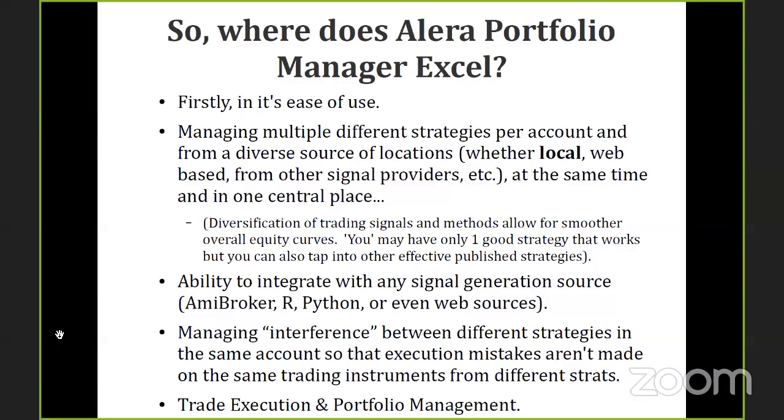What I mean by that is if you have one strategy that is trading an instrument, and you have another strategy that's trading the same instrument, it will manage which one has control over it, so that you're not going from long to short when you meant to stay long a position. That's one of the things that I really like about the software personally. It's very difficult to do if you're trying to hack into a broker API or something like that.